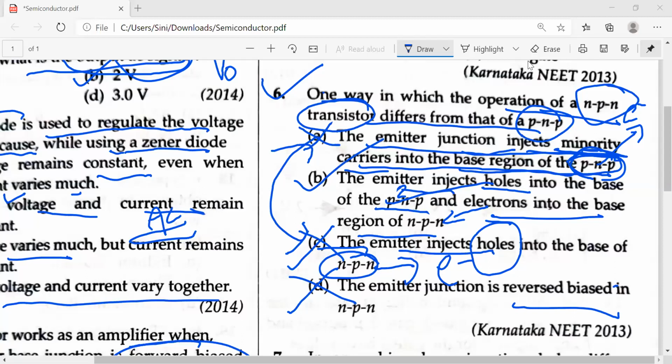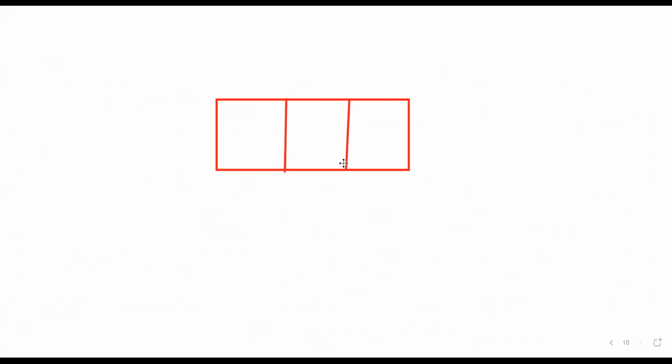If you don't understand this, I'll tell you one simple thing. I'll draw a box here. PNP, correct? In PNP, on the P side, what will be more?